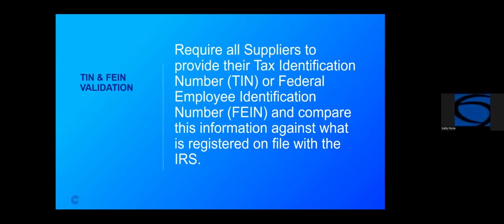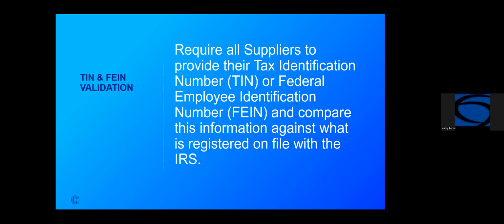The next item that we have here is the TIN and FEIN validation. The TIN is the tax identification number of a company, and the FEIN is a federal employer identification number. You want to require all of your suppliers to provide these details and compare them against what's registered on file with the IRS.